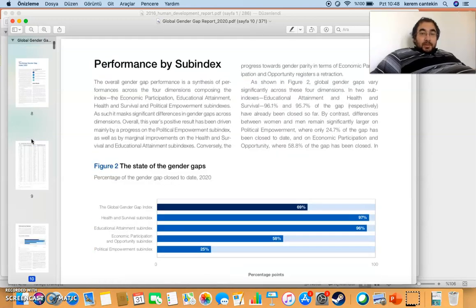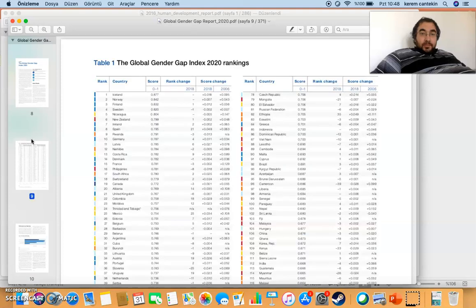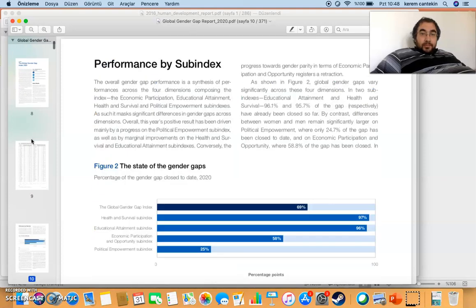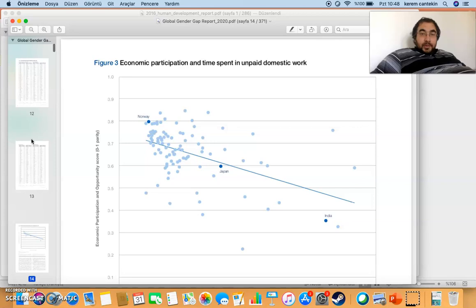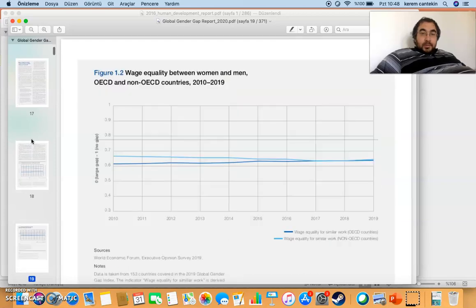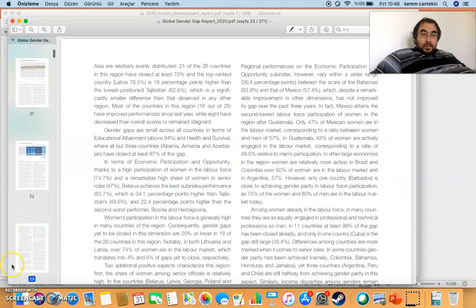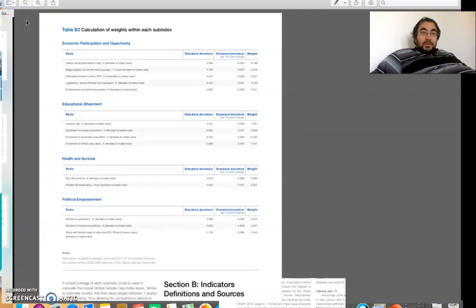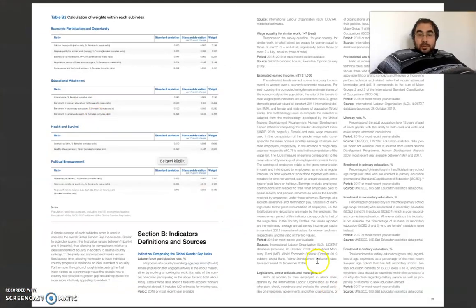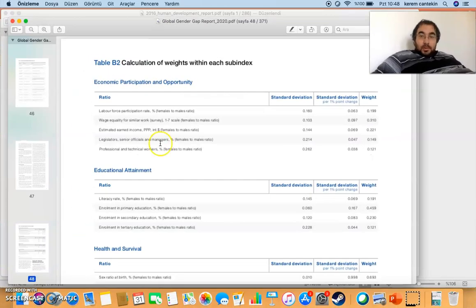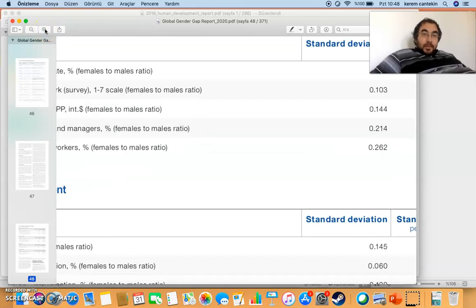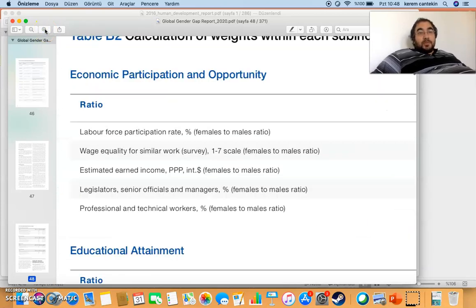So what are the variables? Labor force, this is economic participation and opportunity.